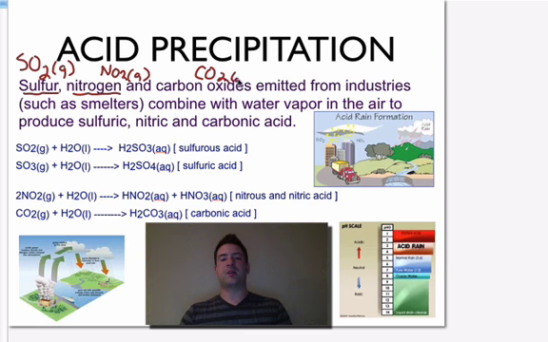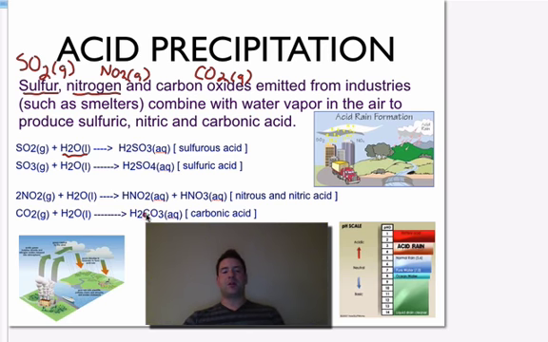Now remember, we emit carbon dioxide, sulfur dioxide, and nitrogen dioxide into the environment, and this is going to combine with H2O, or water vapor, in the air, and then it's going to form a precipitate and an acidic solution.